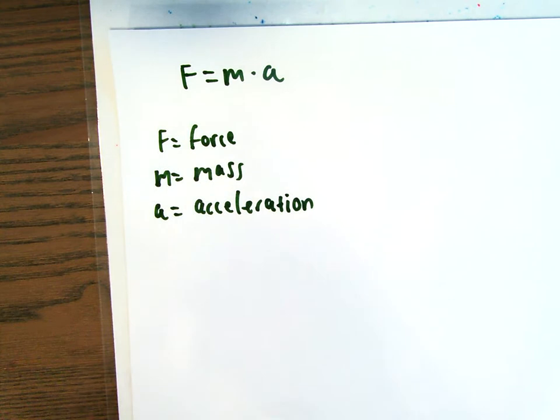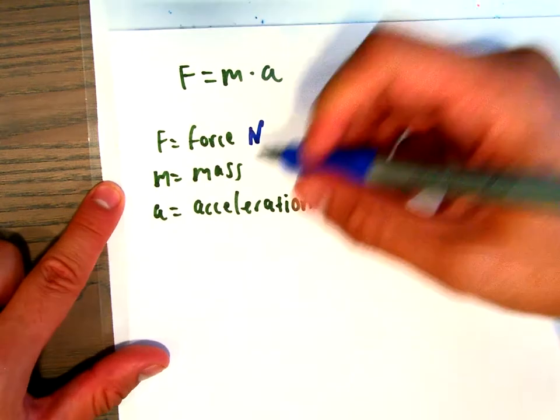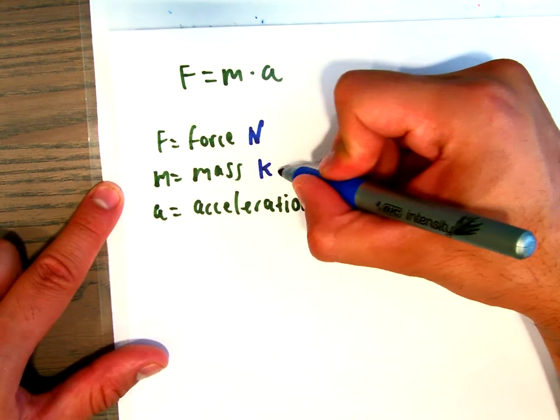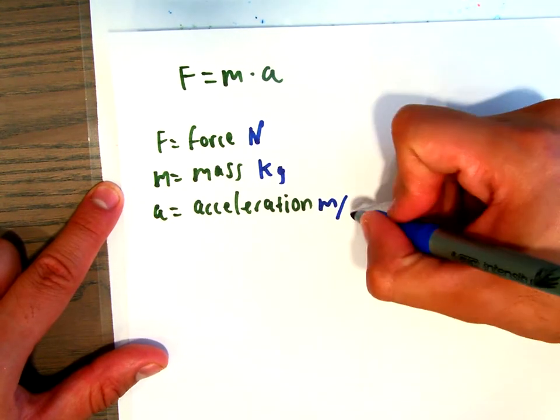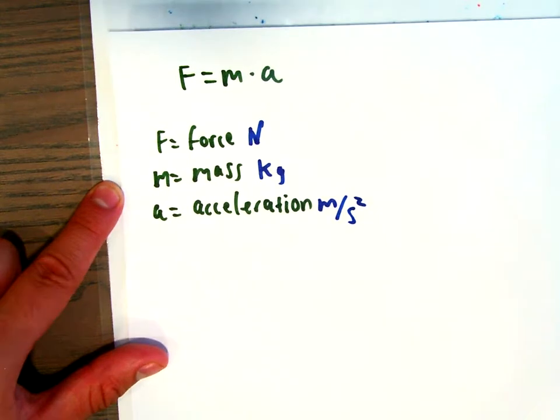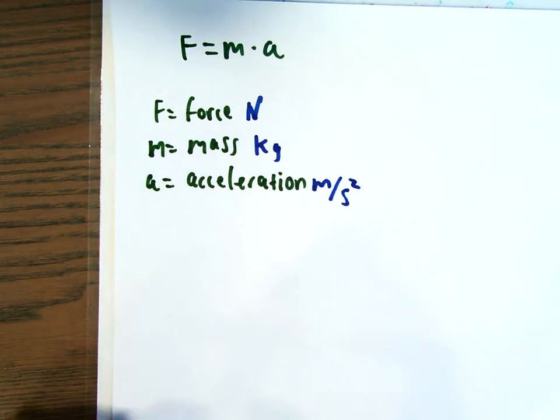The units for force, which we've already been using, are newtons. The units for mass are kilograms, and the units for acceleration are meters per second squared.